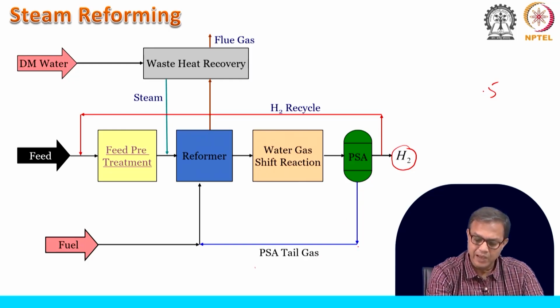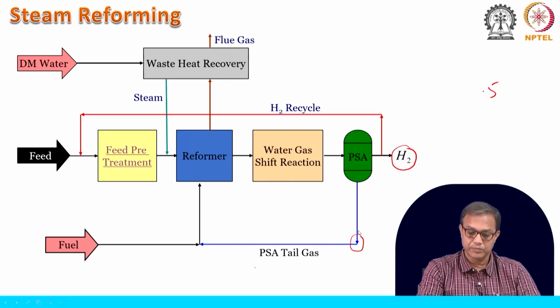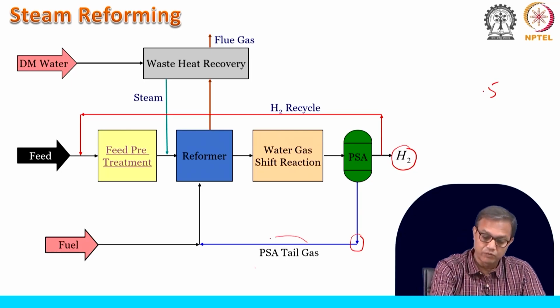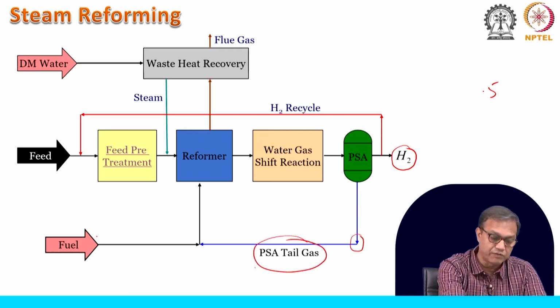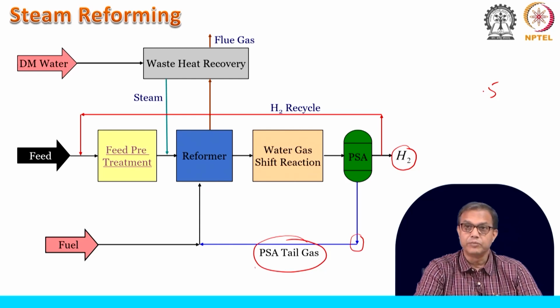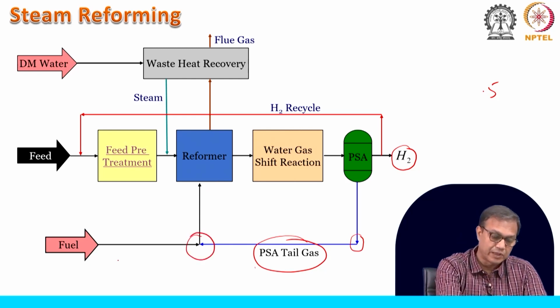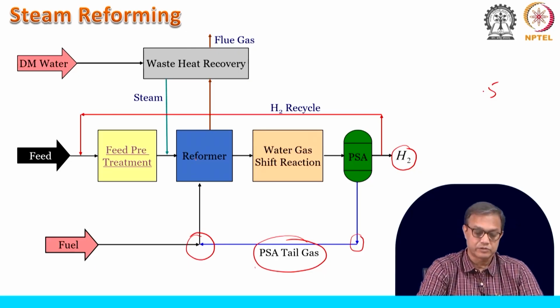This will have some content of H2 and CH4, which we have not separated, or it is basically forming a mixture, but it has some calorific value. So, we will add it with the fuel, and that will be used as fuel gas, combined with the fuel to heat up the system.